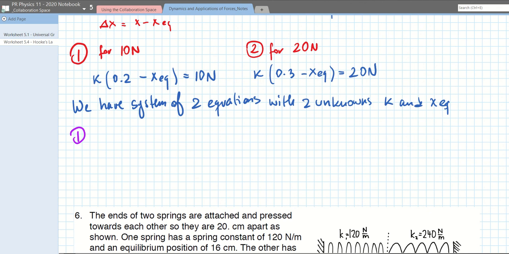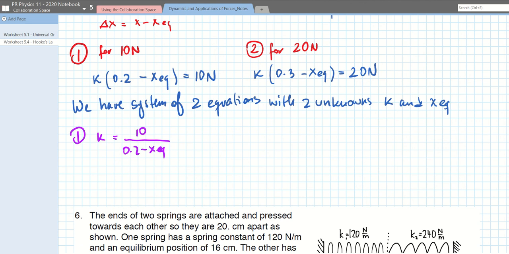All we have to do is divide both sides by 0.2 minus x eq. So k is going to equal 10 newtons over 0.2 minus x eq, right? So that's our equation 1. What we can do next is take this equation for k and plug it into equation 2. So our next step is going to be substitution.